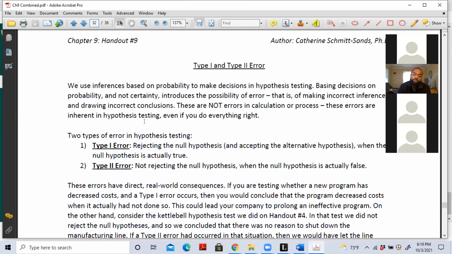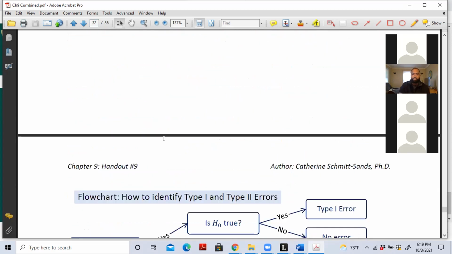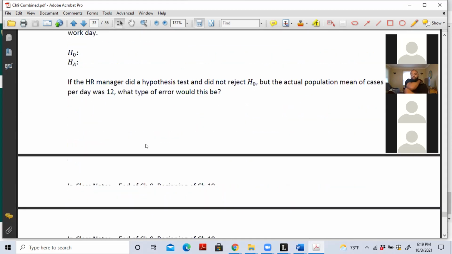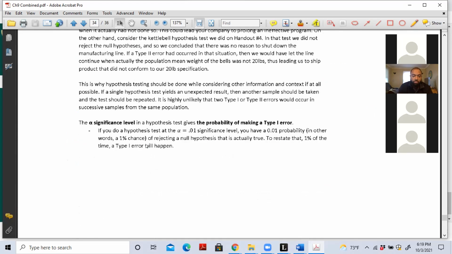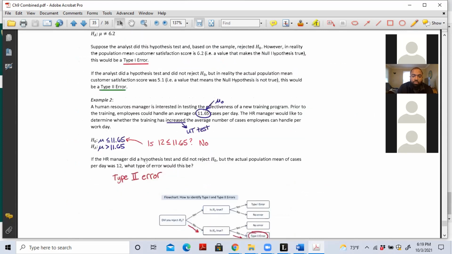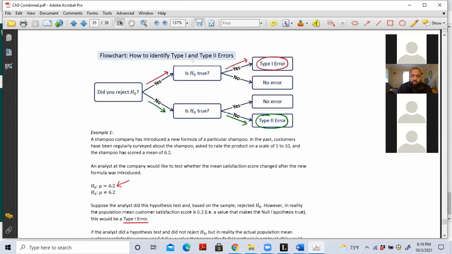So that's my suggestion. And the type 1 and type 2 error, okay, practice slide 33 and 34. Actually 35, to be honest. So practice this: if it is false and you reject, and if it is true and you don't reject, what type of error are those, right?